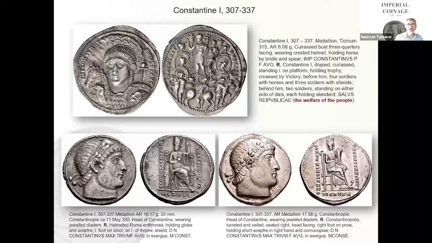You have to look at this coin and study it for hours to see how much information is placed on both sides of this medallion. But the most important message is the welfare of the people, Salus Republicae, on the reverse.